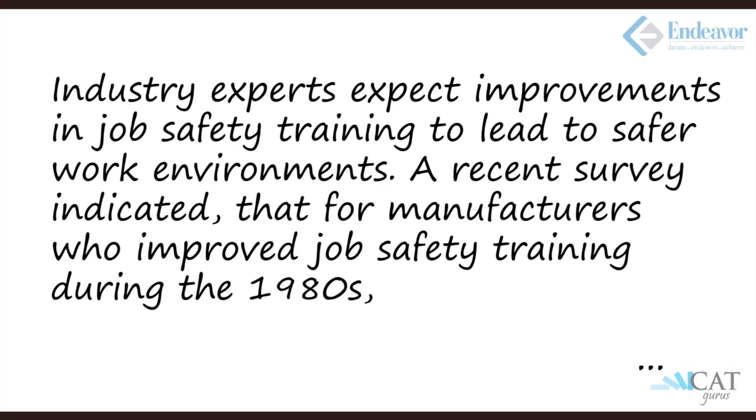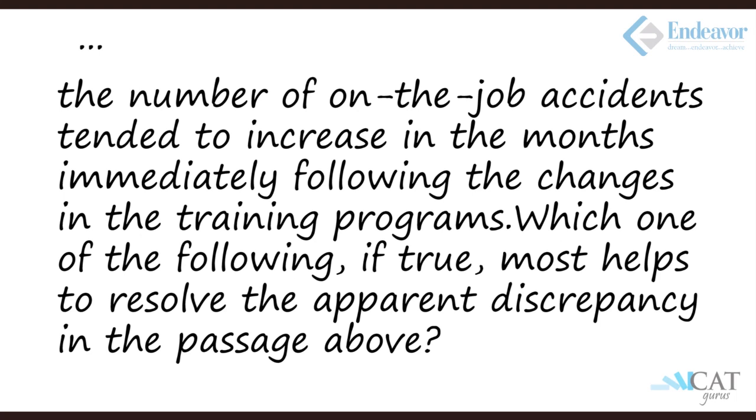try one more question. Industry experts expect improvements in job safety training to lead to safer work environments. A recent survey indicated that for manufacturers who improved job safety training during the 80s, the number of on-the-job accidents tended to increase in the months immediately following the changes.